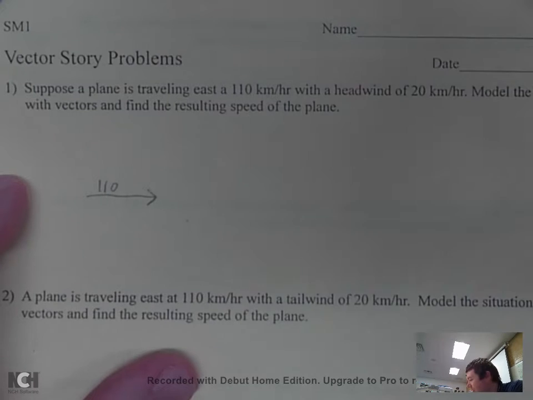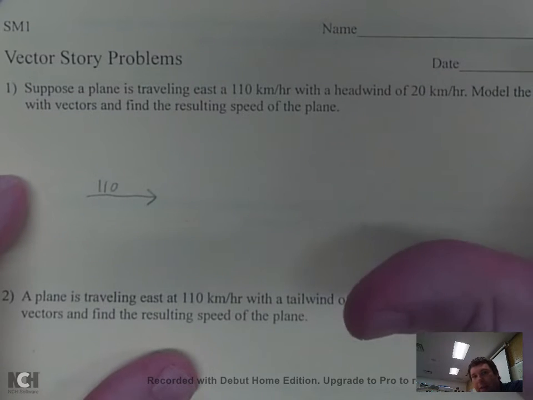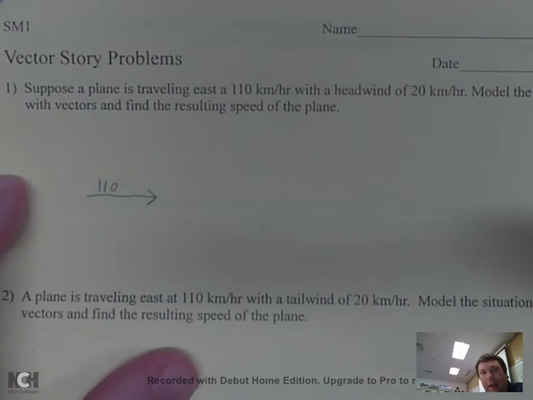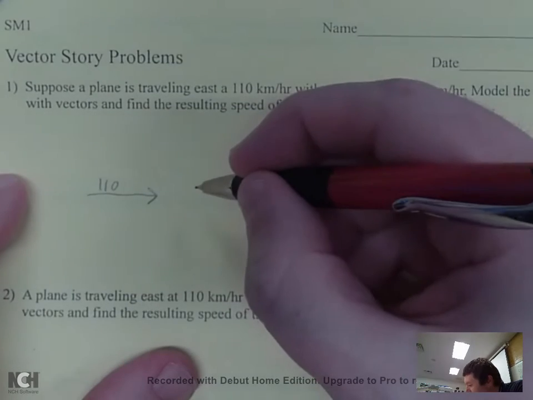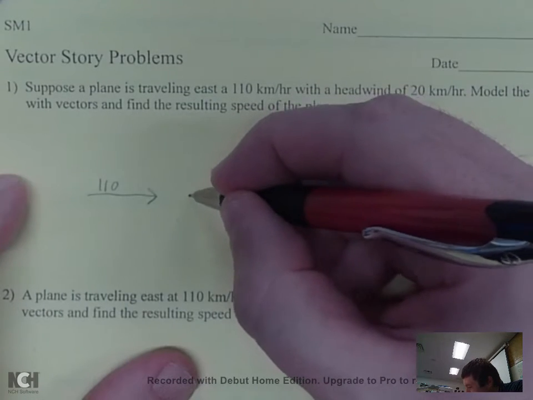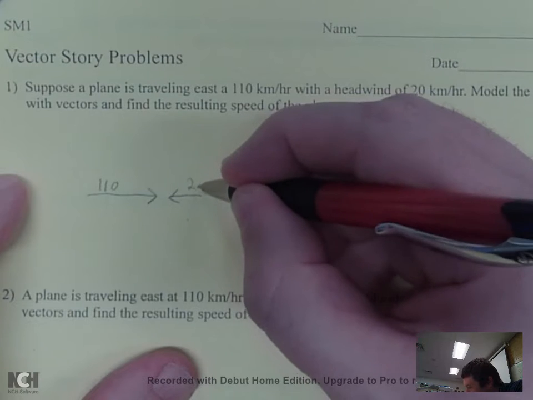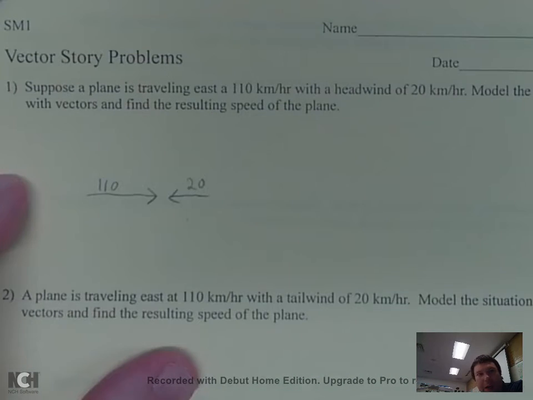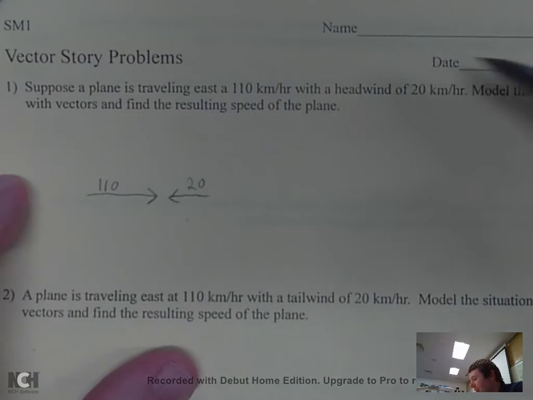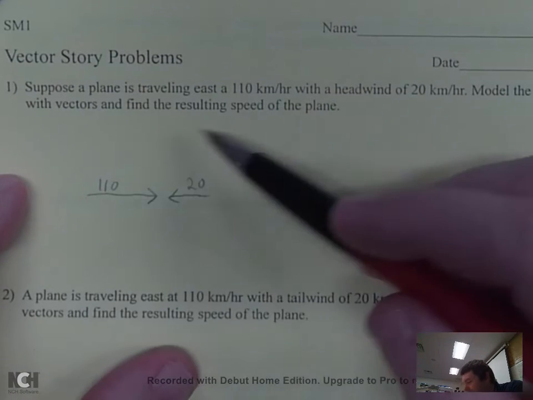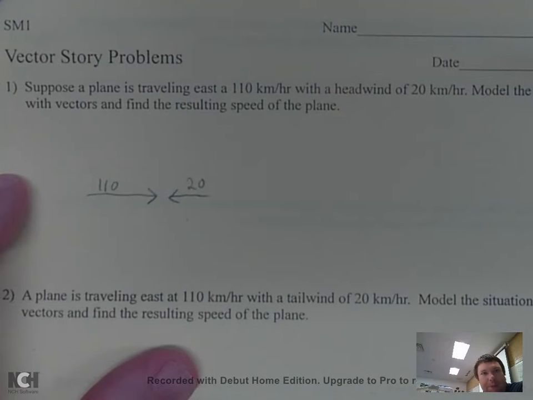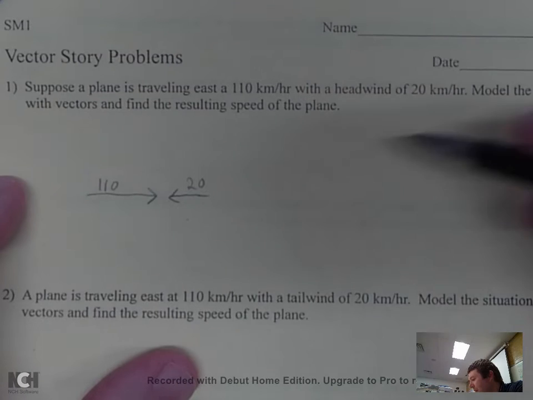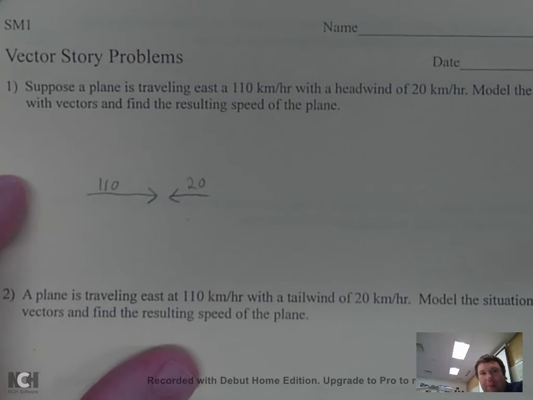So kilometers and a headwind. You're talking about a headwind that's going against you, right? So we've got a headwind of 20 kilometers per hour. Okay? And it wants me to model the situation, which is literally what I did. That's the model right there. And then it wants me to find the resulting speed of the plane.